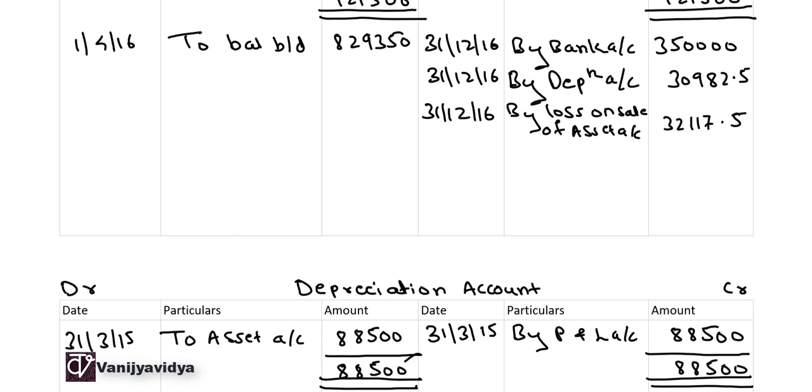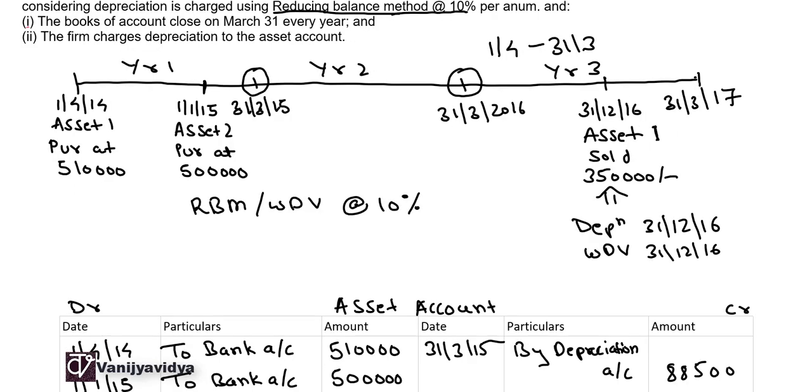On the debit side, we write to asset account, 32,117.5. Since it's a nominal account and an expense, at the year end, that is 31st March 2017, the balance 32,117.5 will be transferred to your profit and loss account. So this loss on sale of asset will appear in your profit and loss account at the end of the year. Now let's see the next transactions during the year.